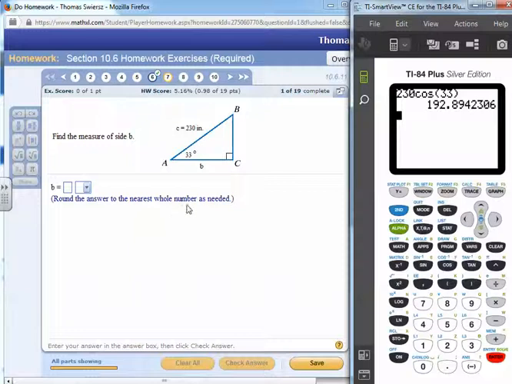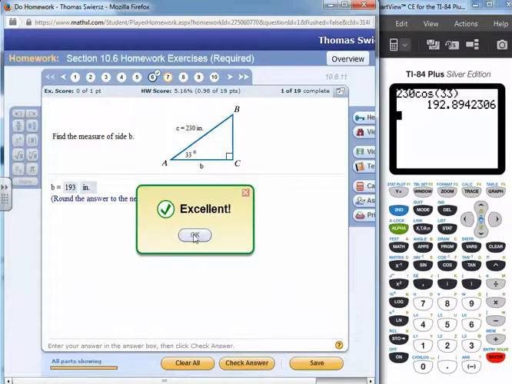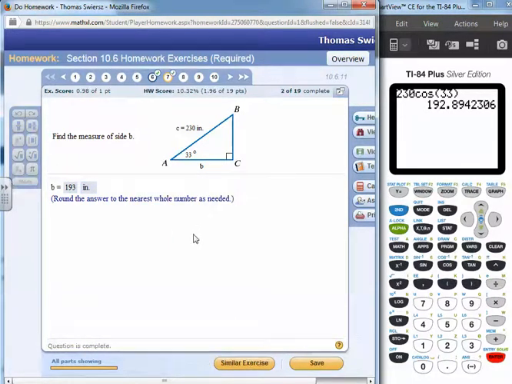We get 192.89, rounded to the nearest whole number. So with an 8 in the tenths, we'd round up to 193. It's the length of a side, so it's a linear measure, given in the same units as the other side. The hypotenuse is in inches. So we have our correct answer of 193.